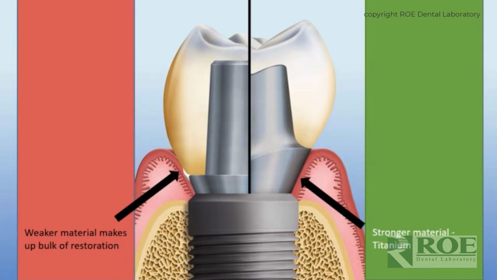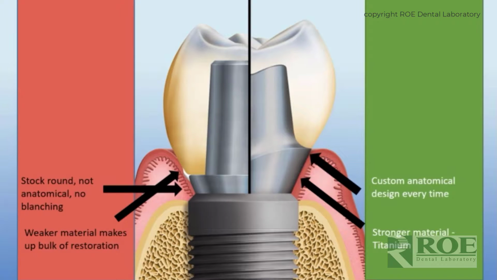And so you end up with an Emax material or a zirconia material all the way down subgingival. And that is just a weak point, as opposed to on the right-hand side where a titanium substrate or custom abutment makes up that gap between the implant and the tissue. So strength is one reason to choose custom abutments.